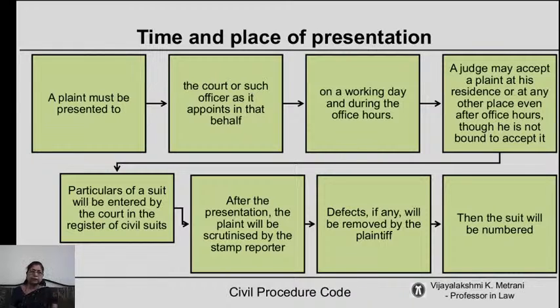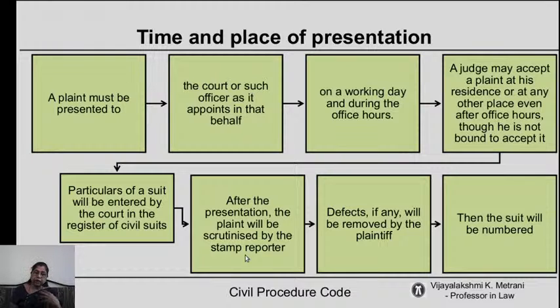This is not stated in the CPC, but that is a practical thing which we should know. Okay, it will be entered by the court in the register of civil suits. After the presentation, the plaint will be scrutinized by the stamp reporter. There is a person who will scrutinize the plaint, and he will see if there are any defects relating to stamps.